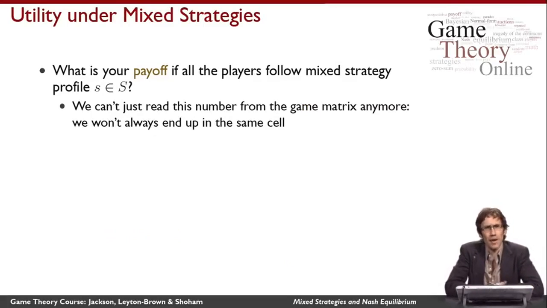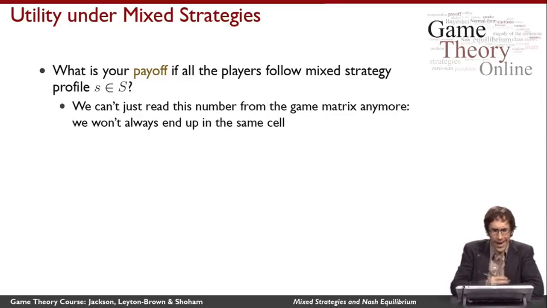Now I have the problem that I've elaborated my definition of strategies in the game to include not just this finite set of things players can do, but this infinite set of all of the probability distributions over these finite sets. The reason this is a problem is I only have a utility definition for action profiles. And now I'm allowing things to happen that I don't have utilities for.